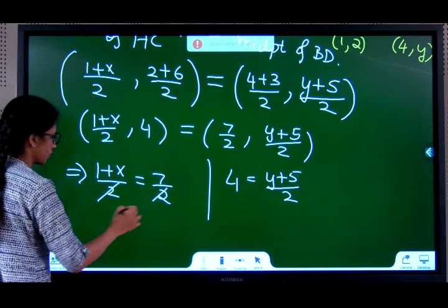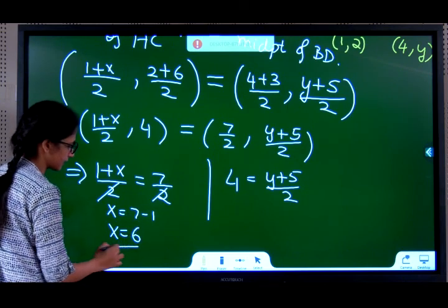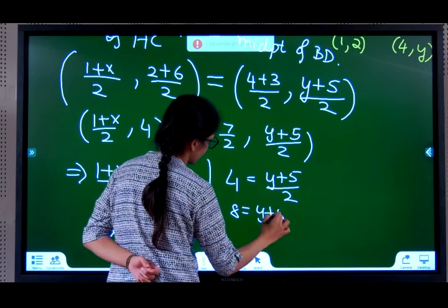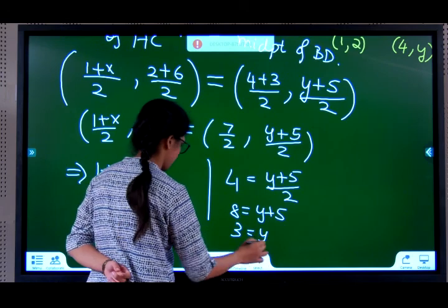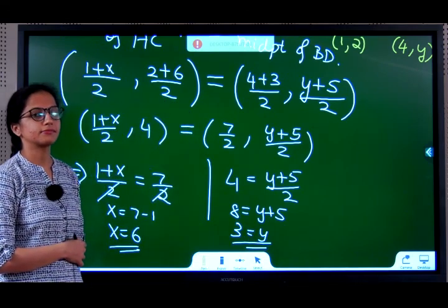Solving this, 2 cancels, x is equal to 7 minus 1, x is equal to 6. Here 8 is equal to y plus 5, sending the 2 to the side, bring the 5 aside, 3 is equal to y. So you have x is equal to 6 and y equals 3.